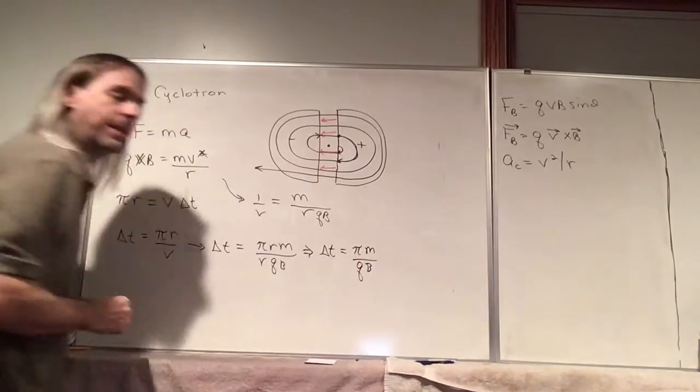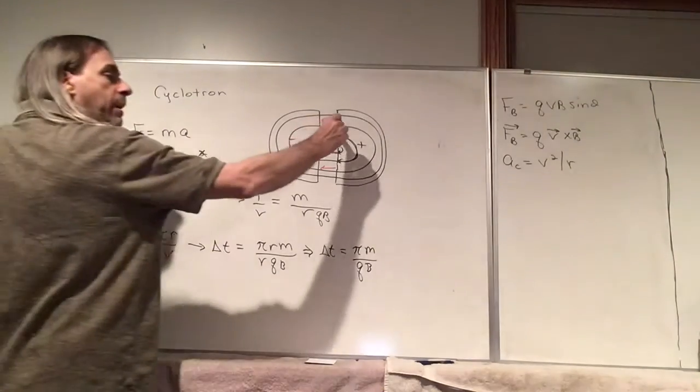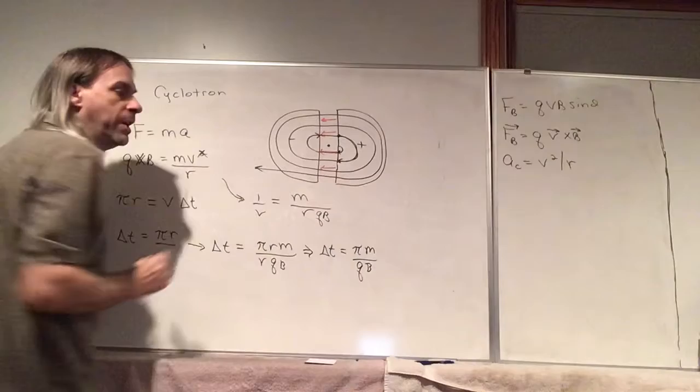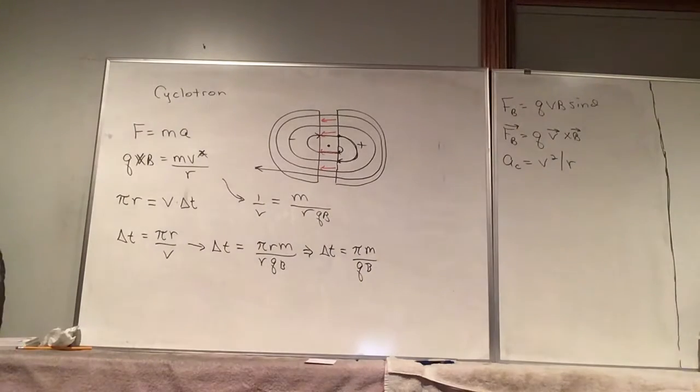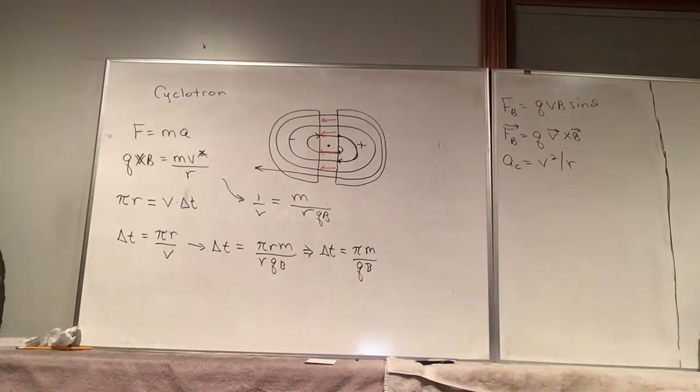See, something very nice happened here, as the r's canceled out. And so the time it takes to complete its journey through one of these D's is independent of the radius. And that's what makes the cyclotron possible in practical terms.